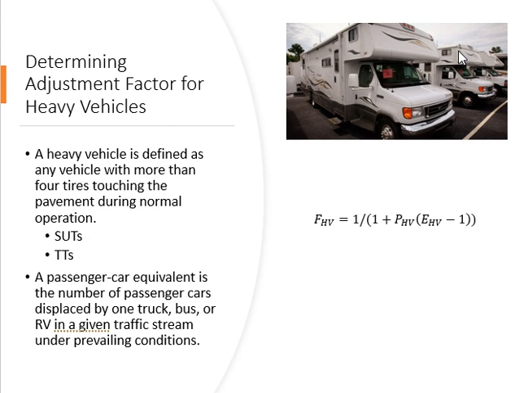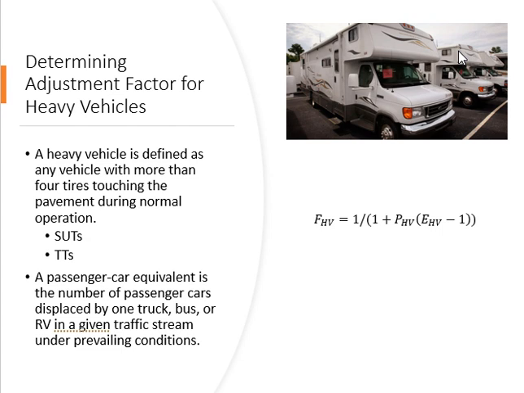So at least 6 tires. The small truck which has 6 tires, we call it single unit truck, SUT. Anything bigger than that is TT, trailer truck. Anything having more than 6 tires is trailer truck. Up to 6 tires, or 6 tires itself, is single unit truck.